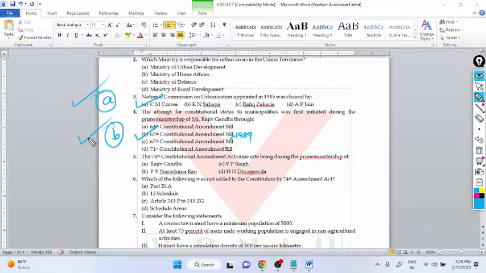What will be the answer? What will be the answer to question number 5?